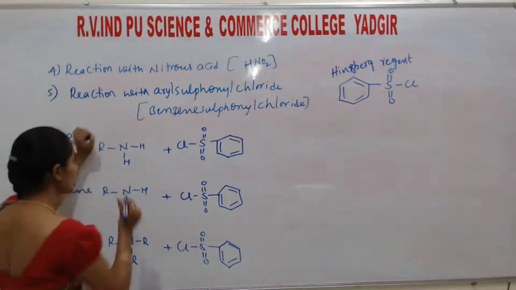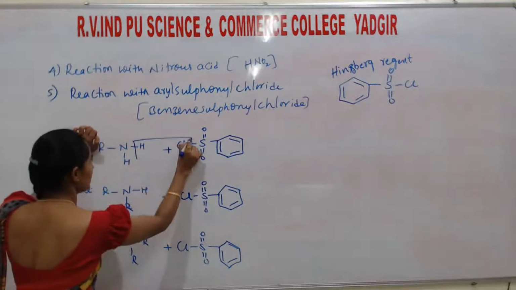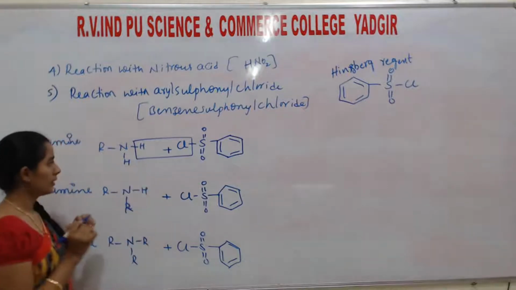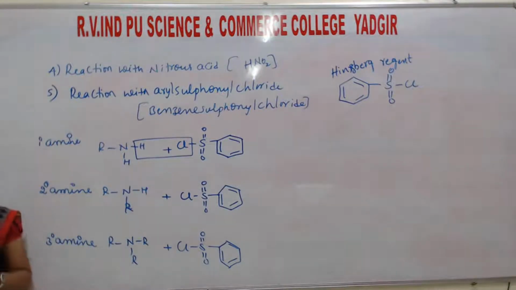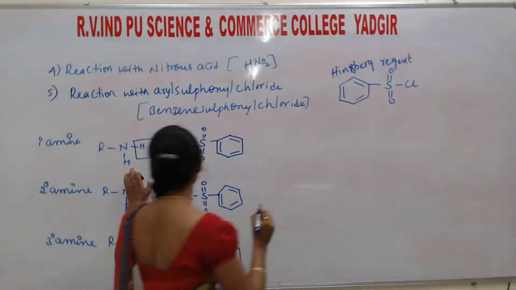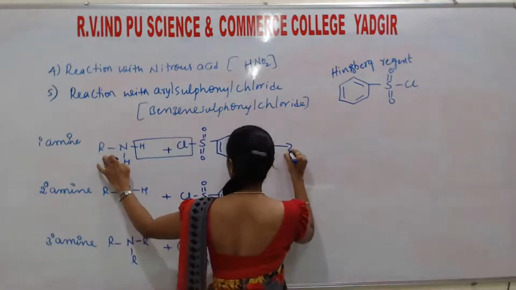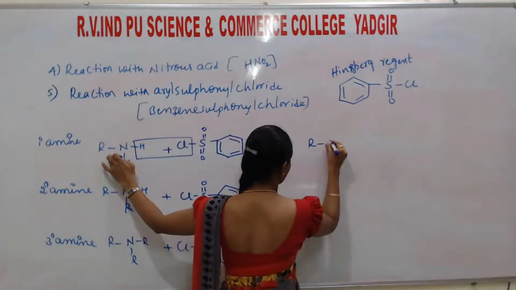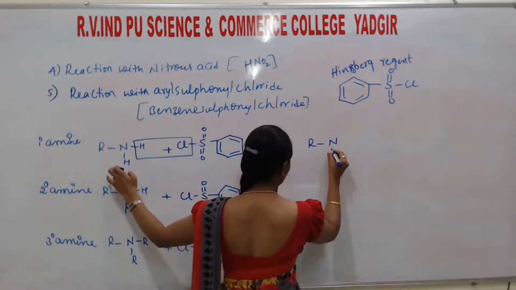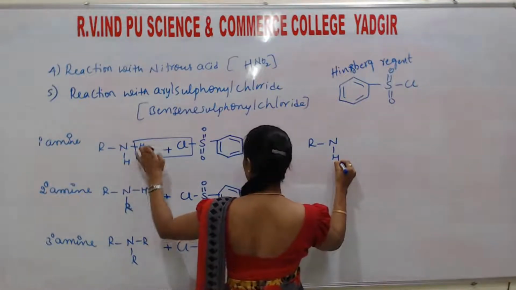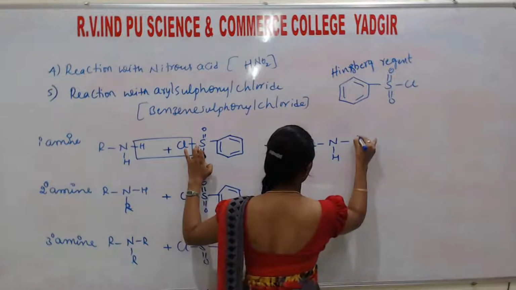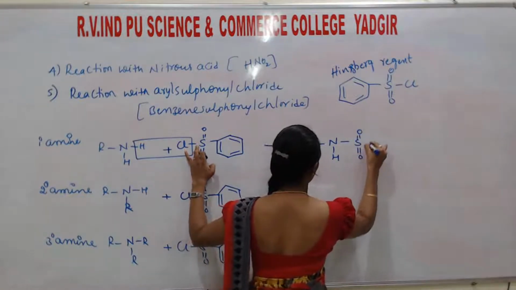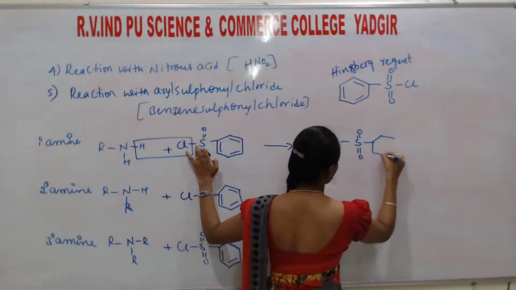Okay, so students, here what happens? HCl is removed. If we remove HCl, what is the product we get? Here R is there, N is there, to the N, H is attached. HCl is removed means S double bond O with the benzene ring.